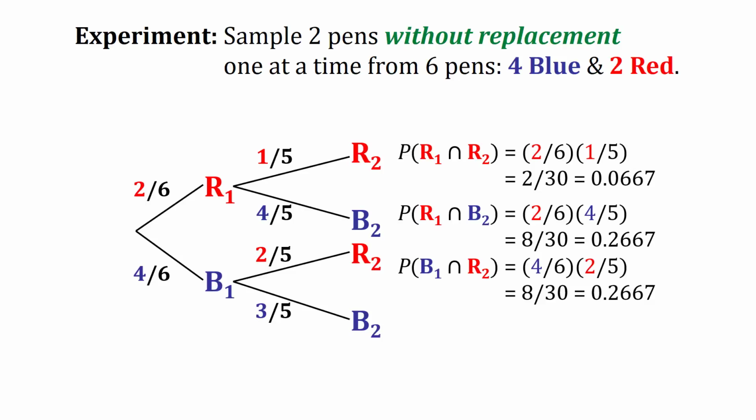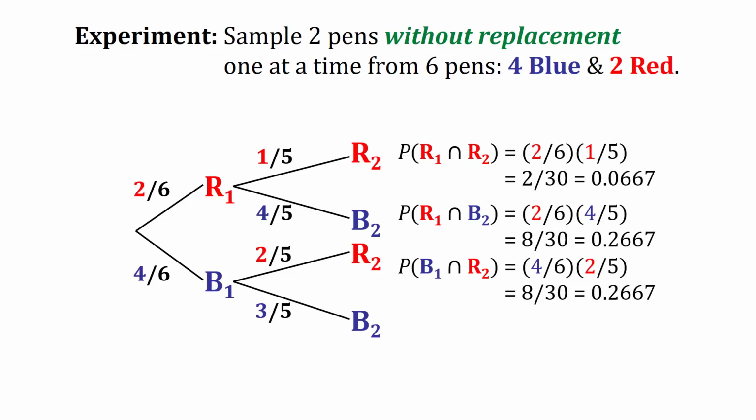You'll notice those 2 intersections I just found have the same probability, but they are technically different things. A red and then a blue, and a blue and then a red. If I don't care about the order, then I could combine these, but when I combine them, I need to add up their probabilities. And we'll discuss more of the idea of when does order matter and when does order not matter in a few videos from now.